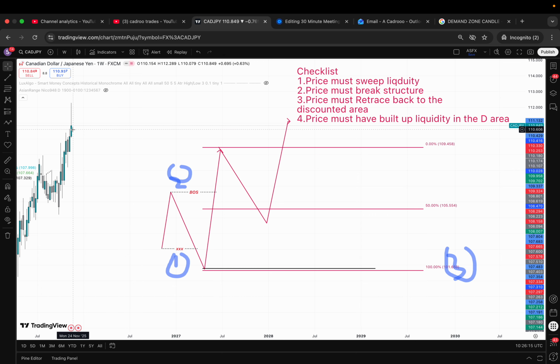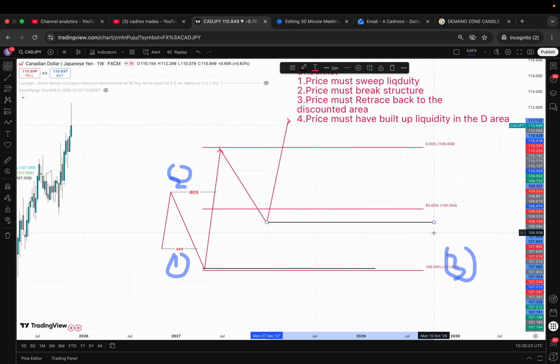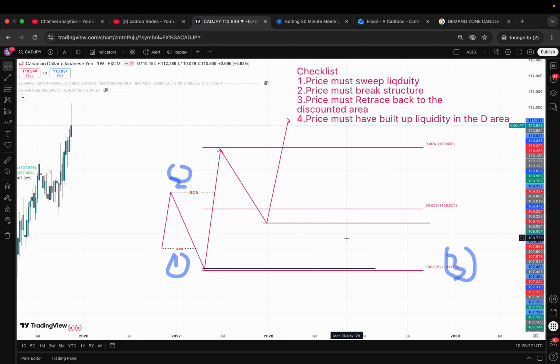This structural liquidity that I explained to you guys, this is called structural liquidity. So in the premium areas, price must have built up liquidity. This is the liquidity I was talking about.